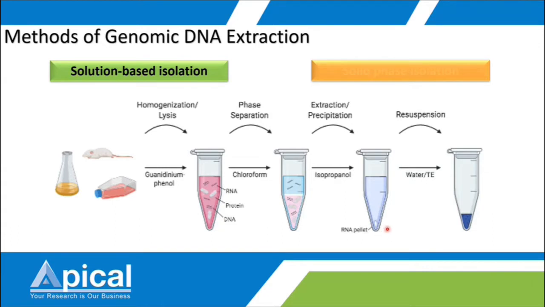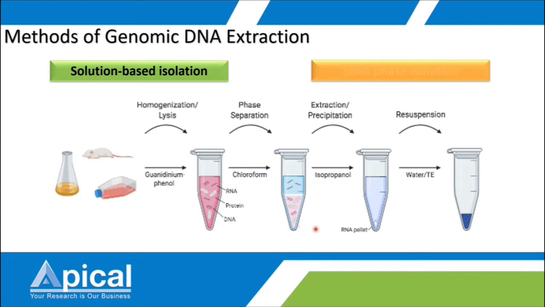After that, there will be washing of the DNA with ethanol and dissolving of the DNA so that you can get the clean genomic DNA from here. One advantage of this method, remember there are the other two phases from the phase separation, so you can actually isolate RNA and protein from the same sample from the interphase and the organic phase.